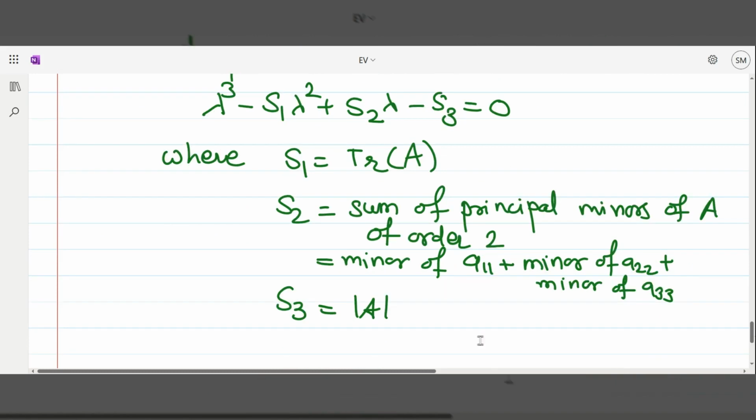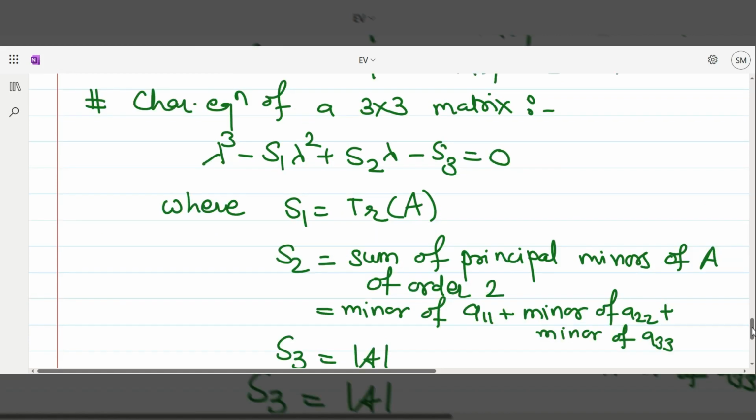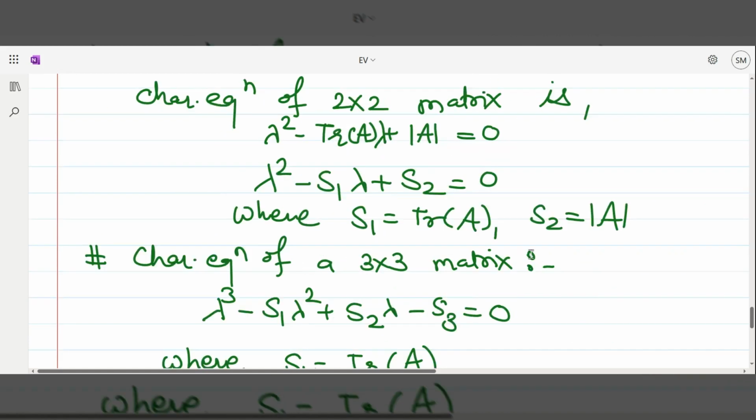And s3 is the determinant of the 3 by 3 matrix A. Again you can observe the signs alternate: lambda cube minus s1 lambda square plus s2 lambda minus s3 equal to 0. So for a 3 by 3 matrix, we use this formula to compute the characteristic equation, and for a 2 by 2 matrix, we use the earlier formula.